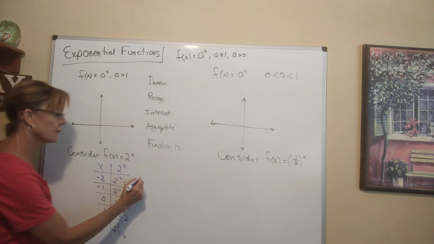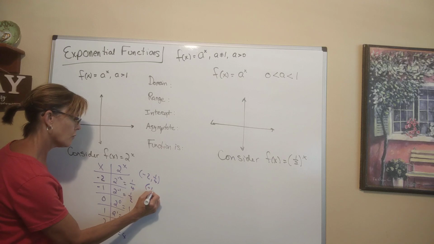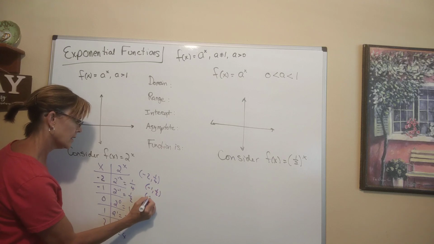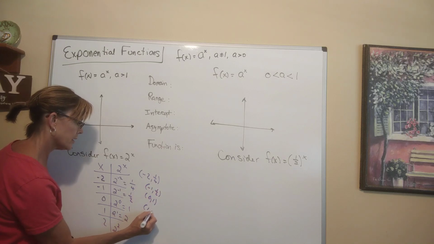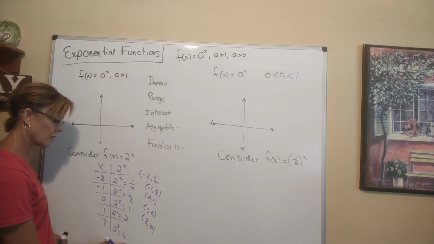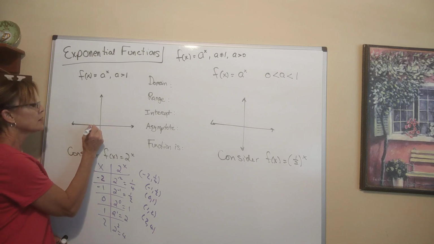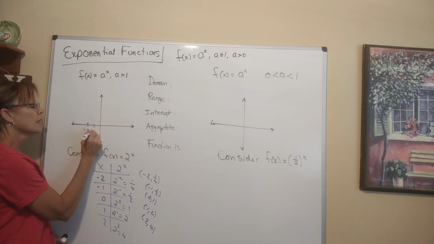What this gives us is a few points: (-2, 1/4), (-1, 1/2), (0, 1), (1, 2), and (2, 4). When x is 2, y is 4, and so on. So let's plot these. At x is -2, we're only up here at 1/4. When x is -1, we're up at 1/2.